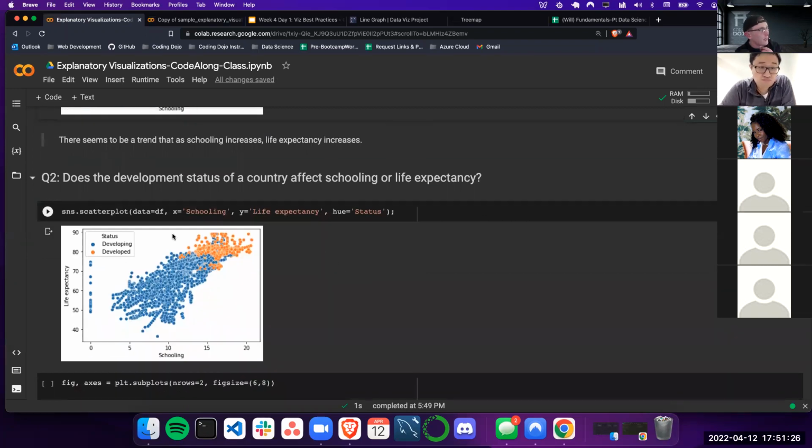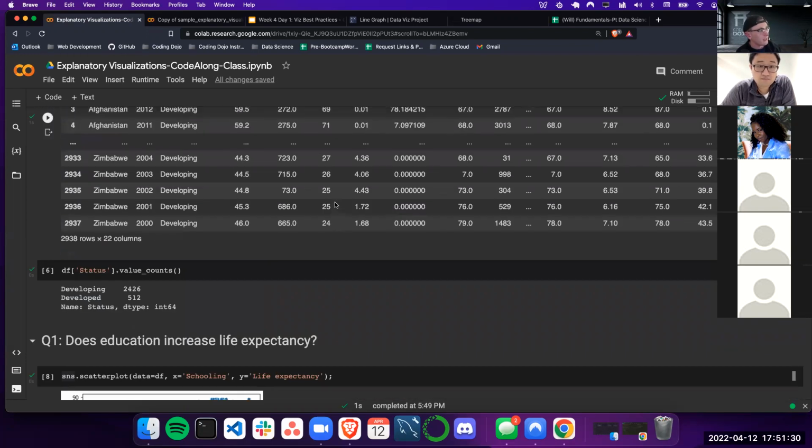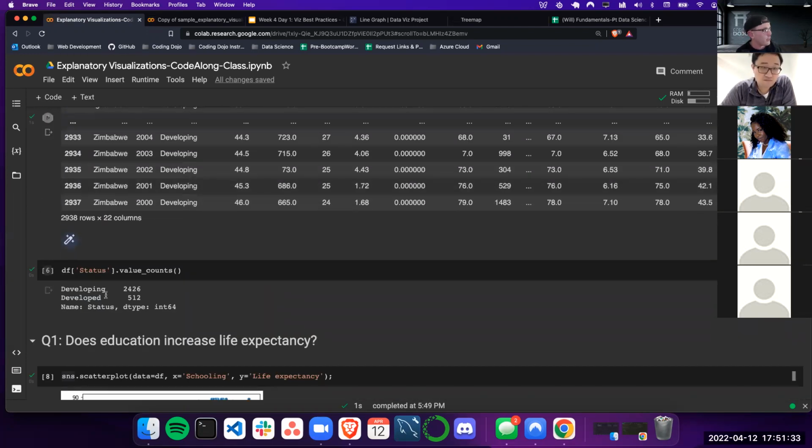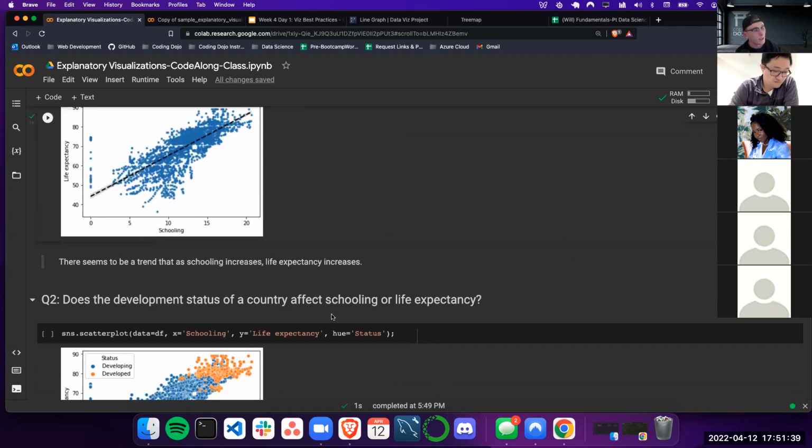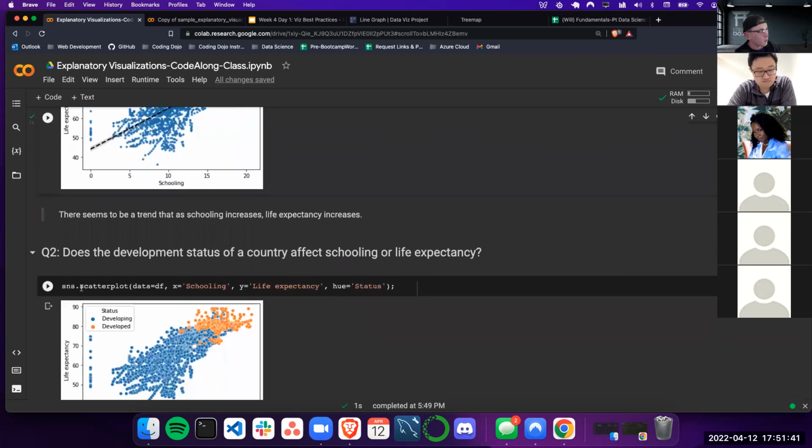And so this one, again, by knowing my data and understanding that it's a binary category, right, of developing or developed, it's either one of those, right? There is that category that we can use. Remembering that Seaborn has this great parameter we can pass in called hue, right?